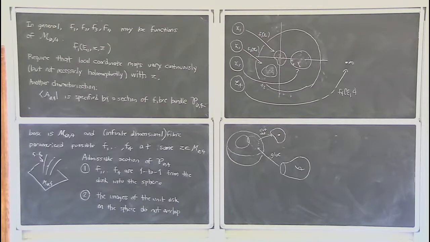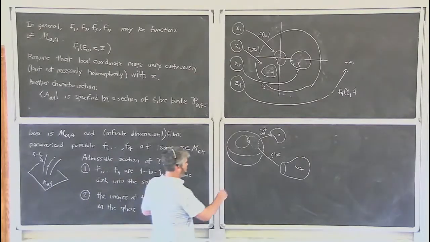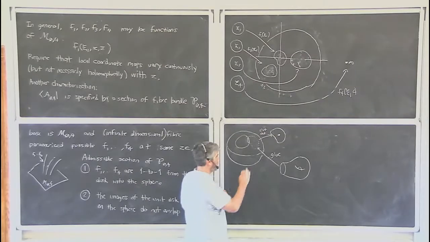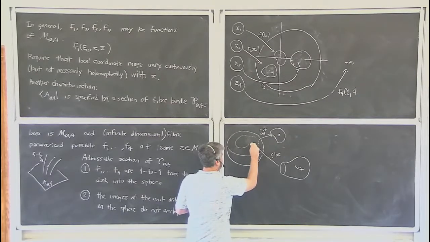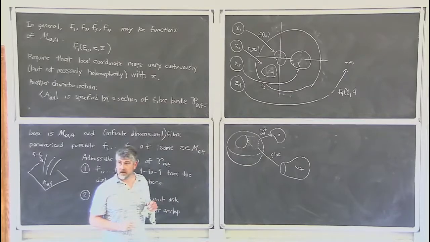If the two disks touch at one point, so you're worried about the marginal case where they touch, where you have this kind of picture and they touch. Is that what you're worried about?